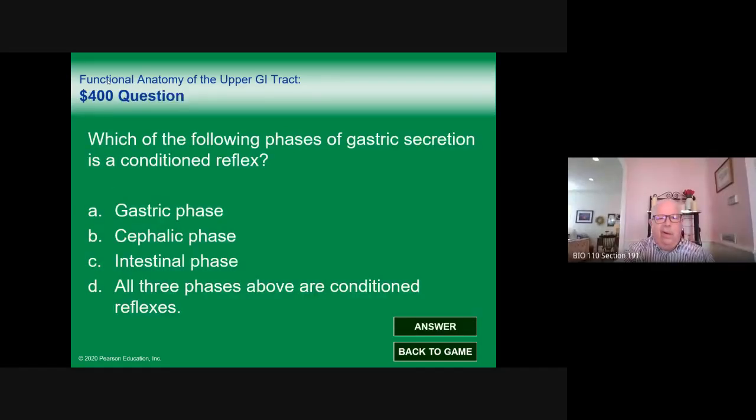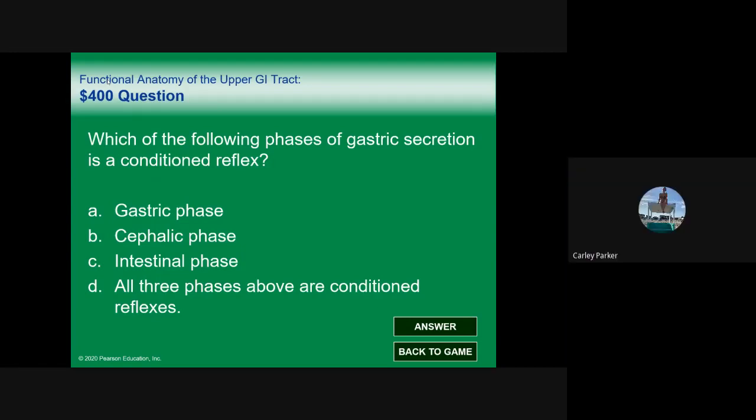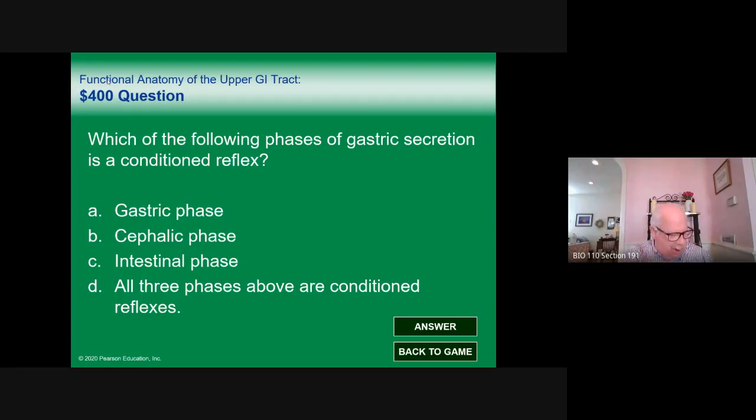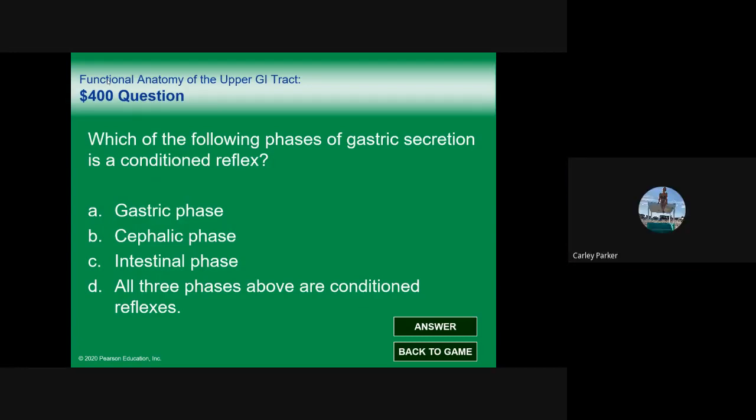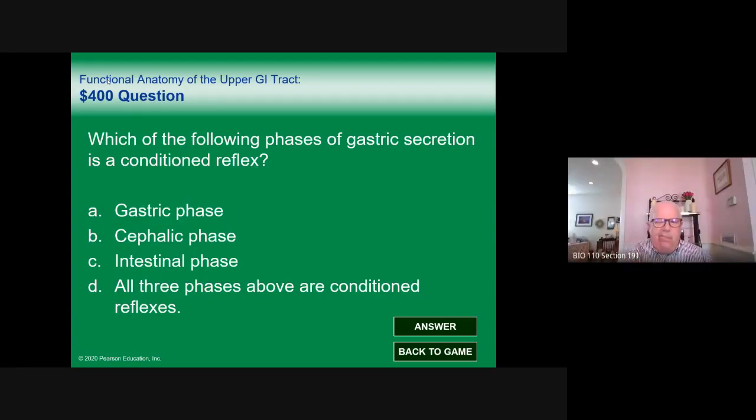Carly. Hello. Which of the following phases of gastric secretion is a conditioned reflex? An interesting question. First of all, Carly, what does that mean? Conditioned reflex. What does that mean?